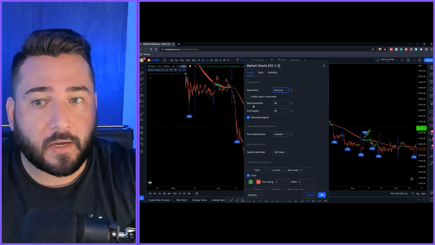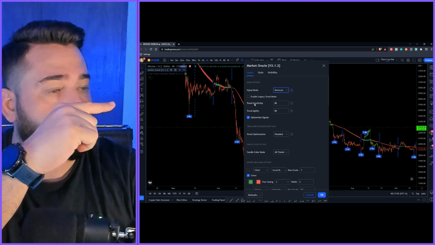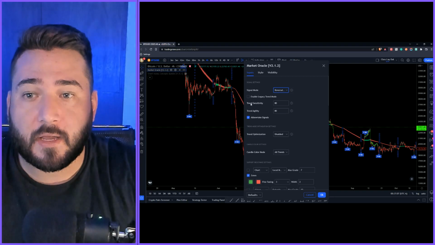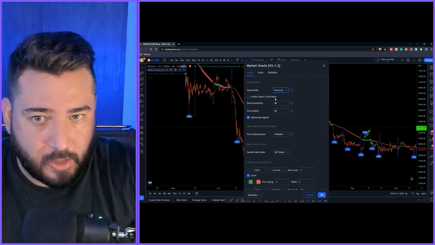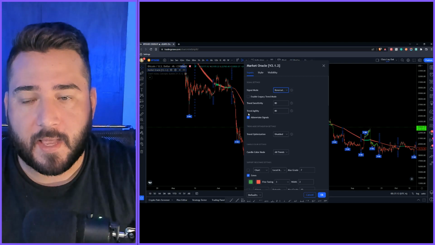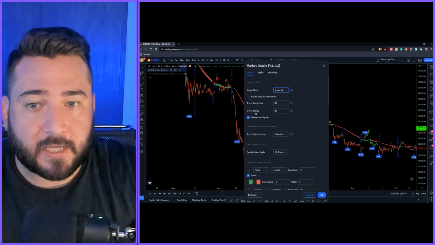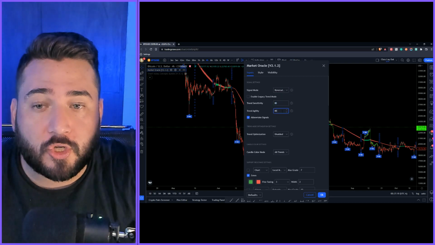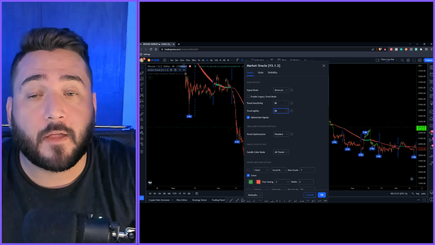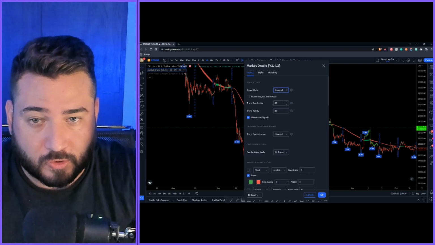Remember, down here, take a look at it right here. Here we go. Right here, we have trend sensitivity. Remember, it's for trend mode, right? Not for reversal mode. Then again, trend agility is for trend mode, not for reversal mode. So it doesn't matter what you change in here, it will have no effect on your reversal.